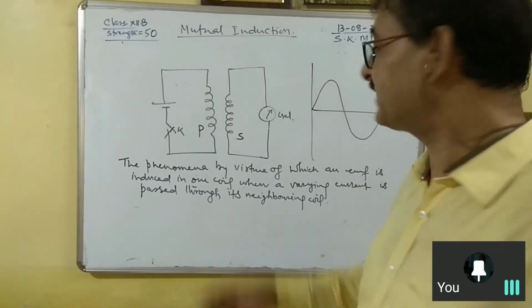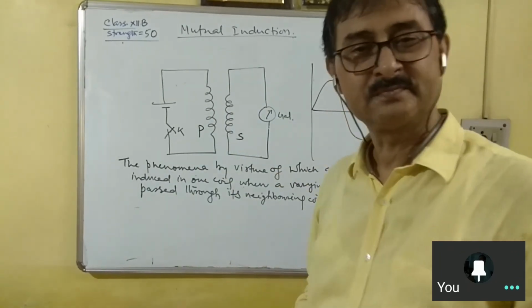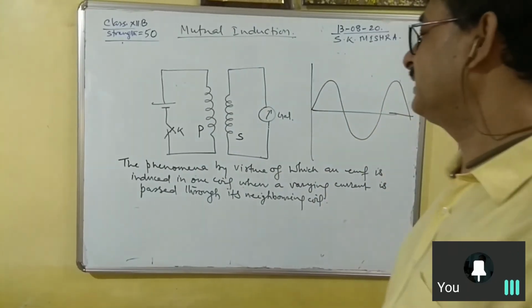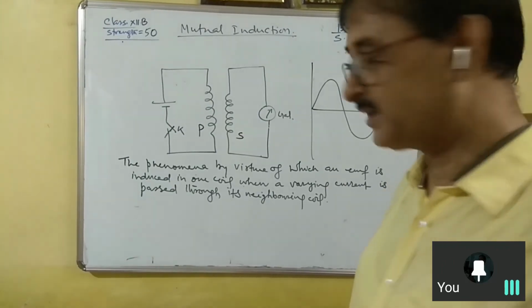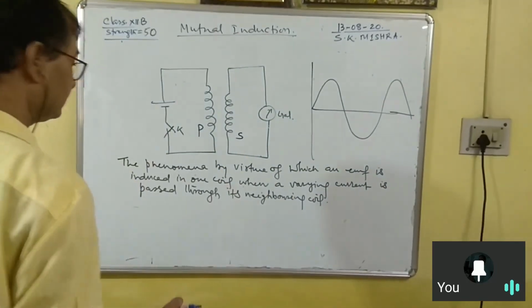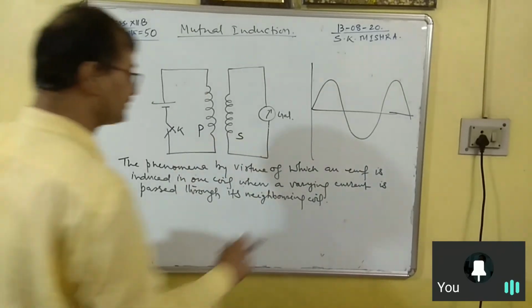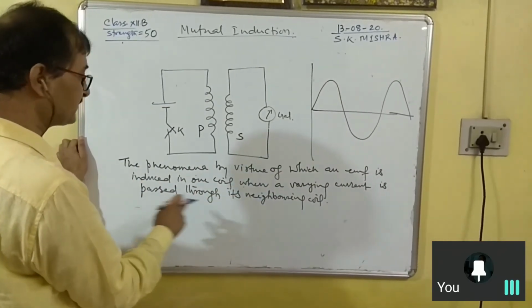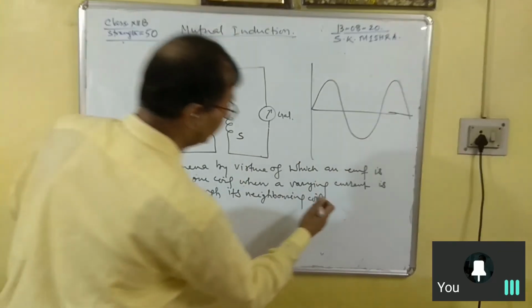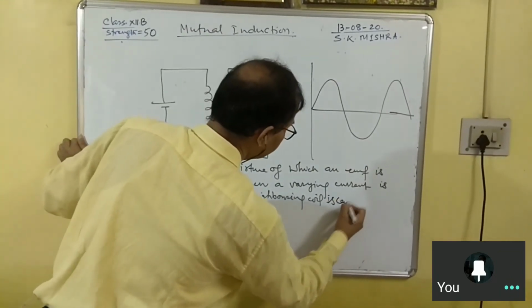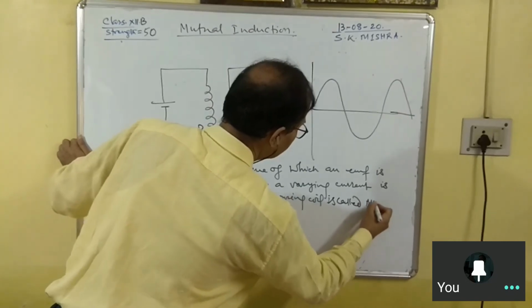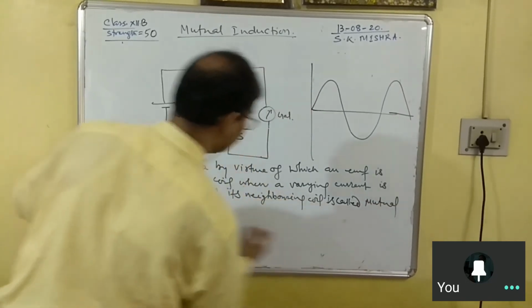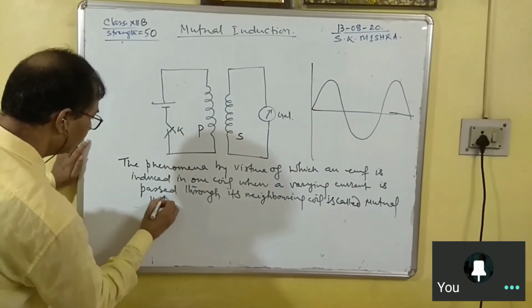So this phenomena is called mutual induction. The phenomena by virtue of which an EMF is induced in one coil when a varying current is passed through its neighboring coil is called mutual induction.